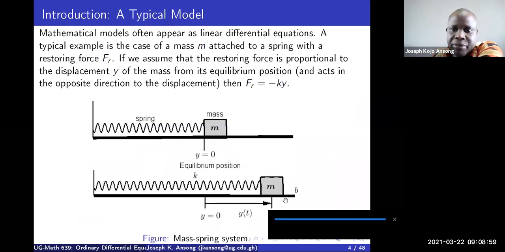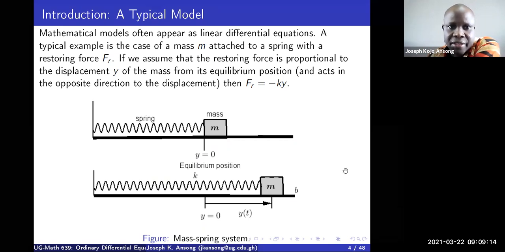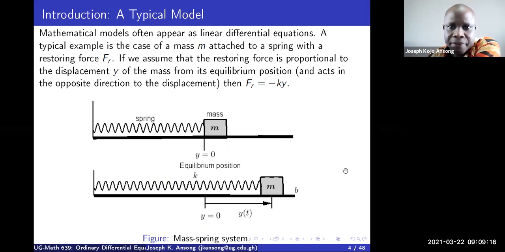We'll look at a typical model. The second order differential equations are often used to model different things. But one of the most typical applications of second order differential equations is in mechanical systems. So we have a mass, for instance, attached to a spring with a spring constant, let's say k.